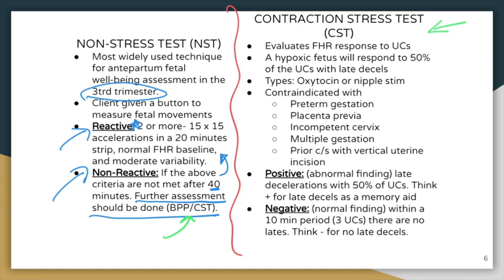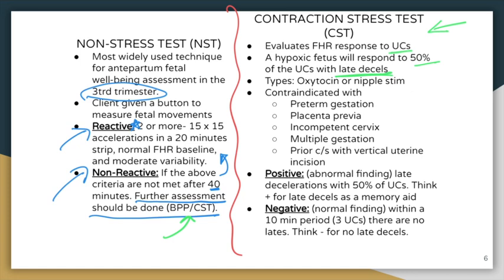So where the NST just looks at the fetal heart rate, the contraction stress test looks at the heart rate as well as contractions, hence the title, right? A hypoxic fetus will respond to 50% of the contractions with late decels. This lets us know how the baby's doing in response to contractions, but we have to make your client contract.